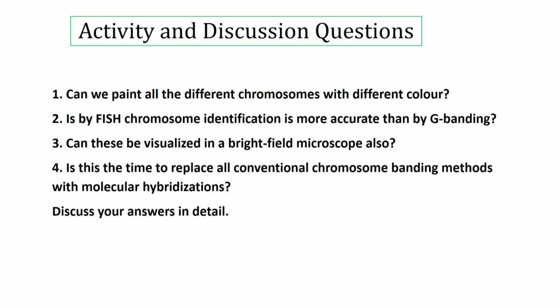Can these be visualized by a bright field microscope also? For fluorescence in situ hybridization, you will require a fluorescence microscope, where the light source will be in the ultraviolet range and we will be visualizing in the visible light range. So, bright field microscopy will not be possible. Is this the time to replace all conventional chromosome banding methods with molecular hybridization?